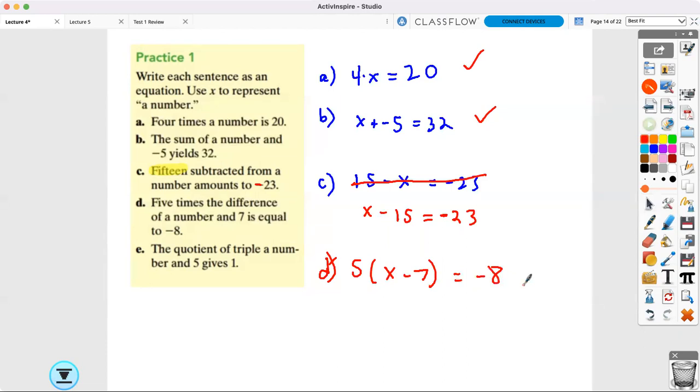Anyone disagree or agree with this? Good. So far, you are correct. C and D are on the right track. Last but not least, E. Would anyone like to share what they got for E? It says the quotient of triple a number and 5 gives 1.